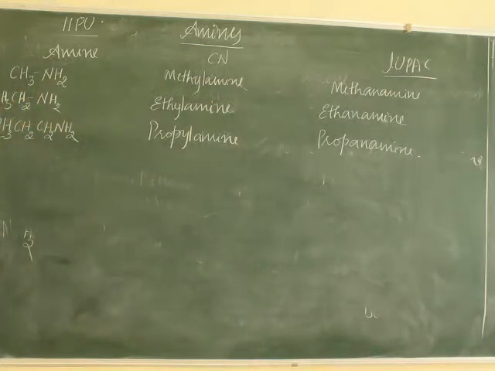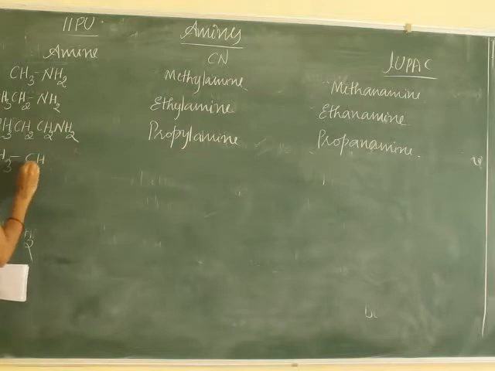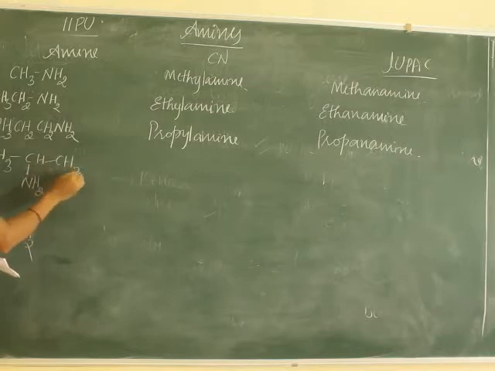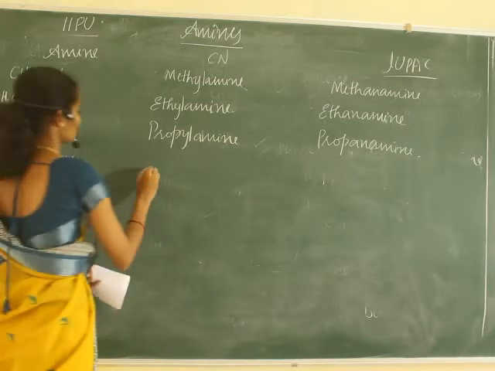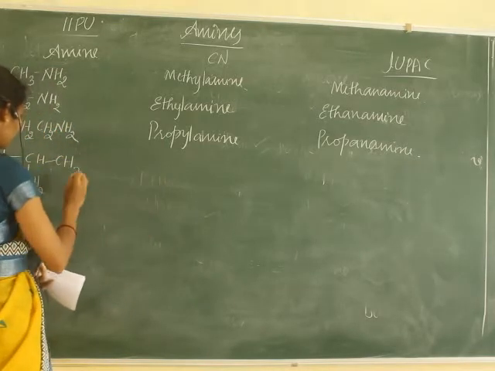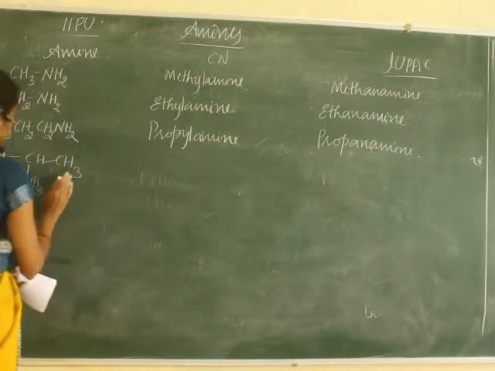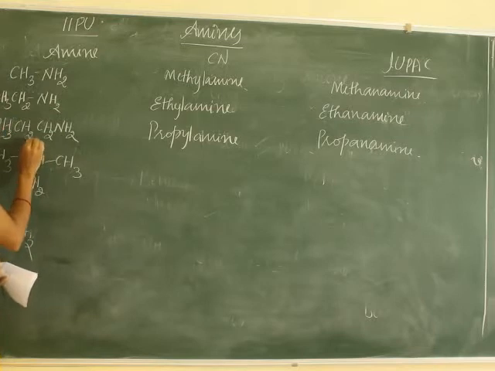Next is CH3CH(NH2)CH3. So an iso group is present, right? We can write it as this CH3 here, isopropyl group and NH2, right?